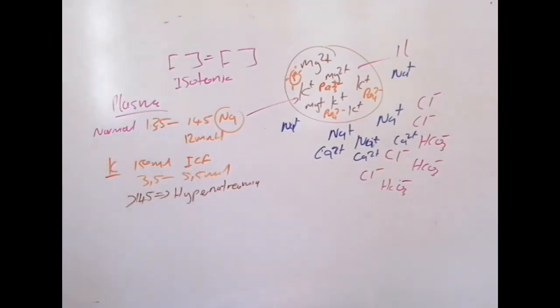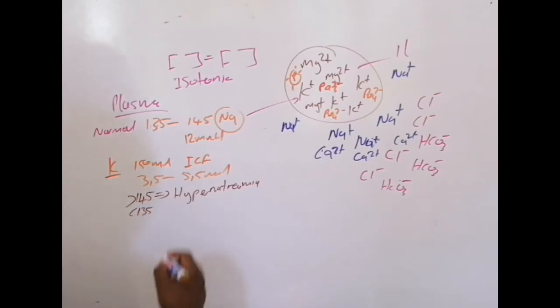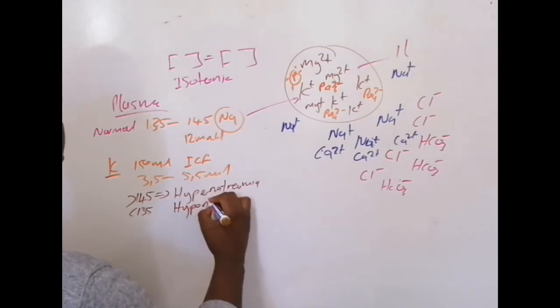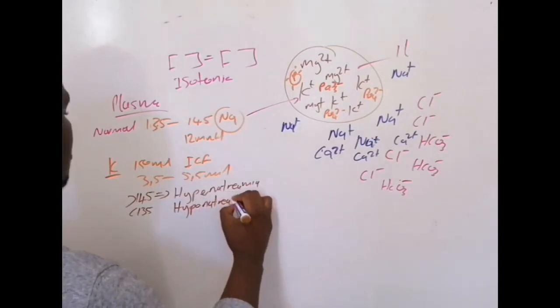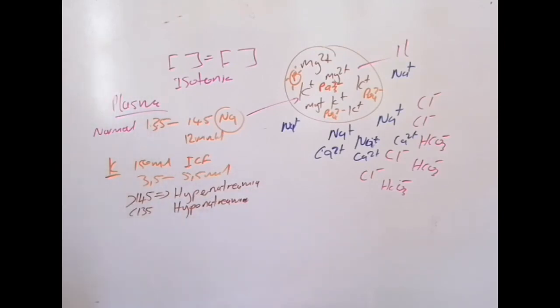When you do a blood test to check for sodium and you find it to be less than 135, that's abnormal. It's called hyponatremia. We are going to talk about this, guys, in detail. How do you correct it? How do we diagnose it? What are the clinical features that you expect? That kind of thing.